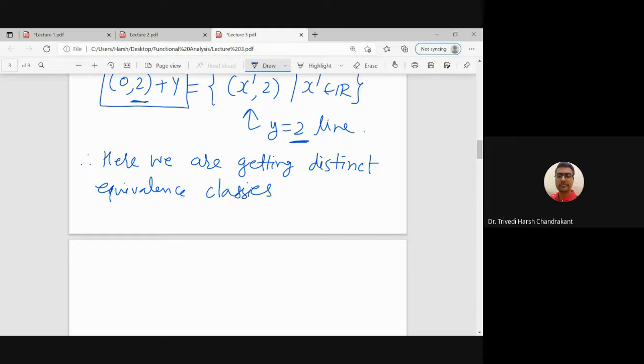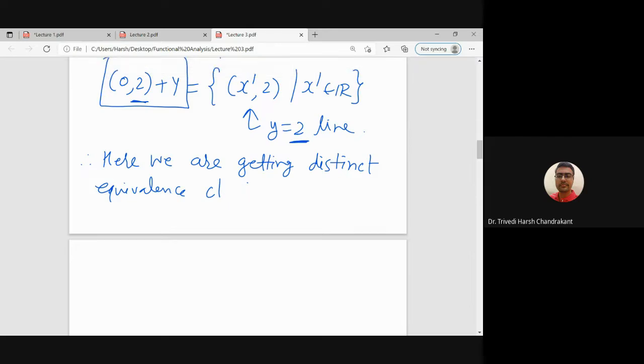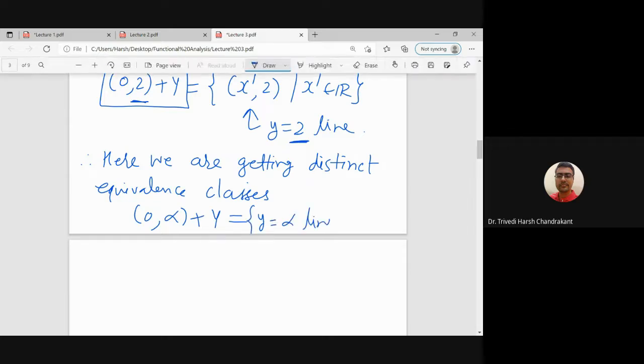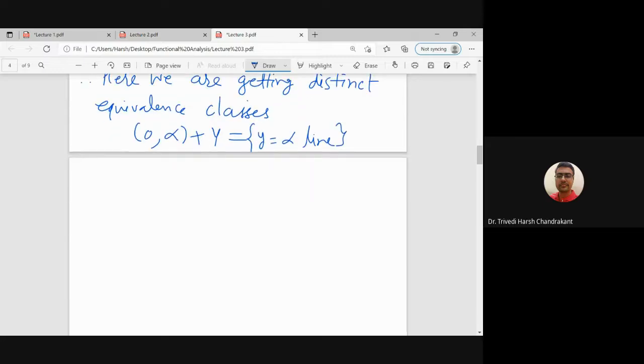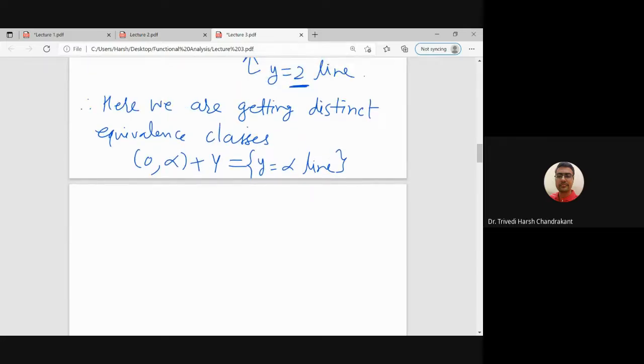What are the distinct equivalence classes? They are (0, alpha) plus y, that is the line y equals alpha, right? So equivalence classes are horizontal lines with different values of alpha.